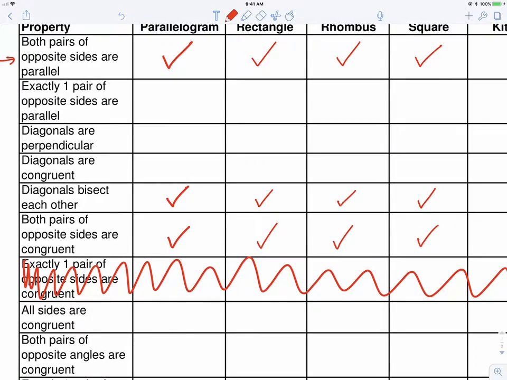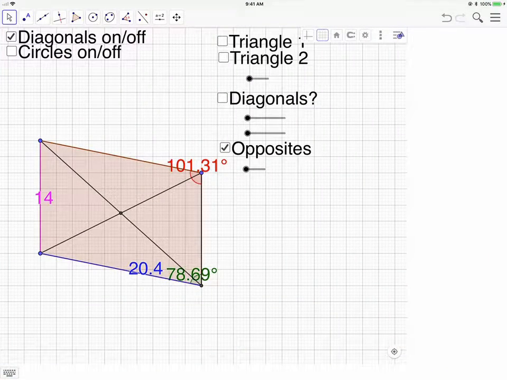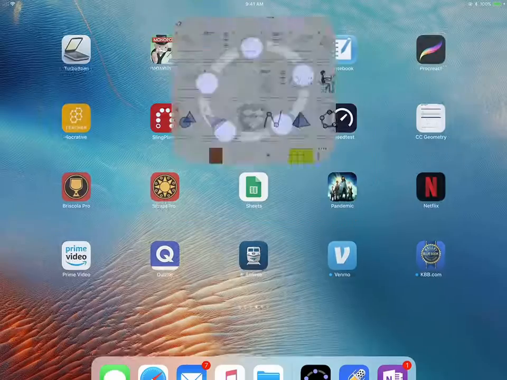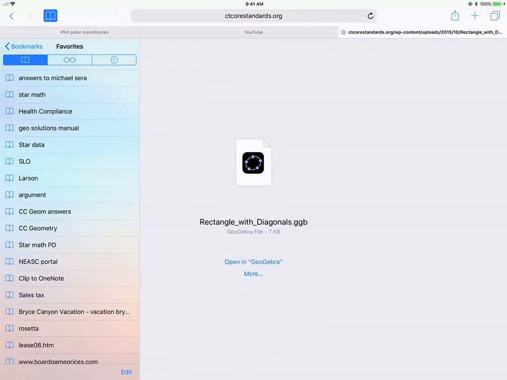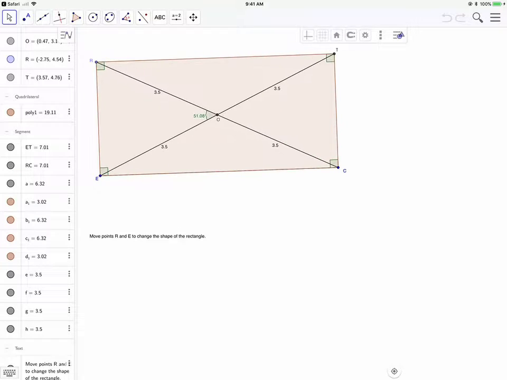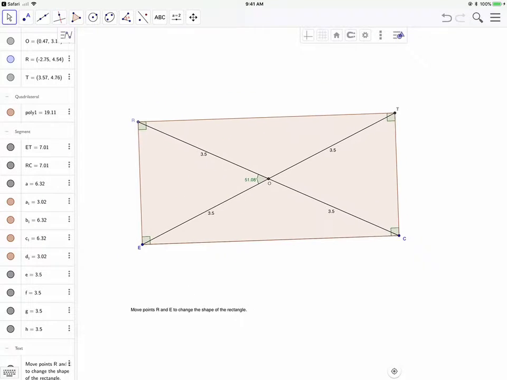So diagonals are perpendicular. Let's look at a rectangle and see if the diagonals are perpendicular. We want to look at this guy. All right, so here is a picture of a rectangle, and I can drag the R around and move that rectangle.